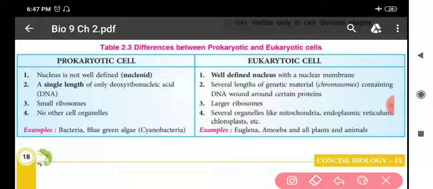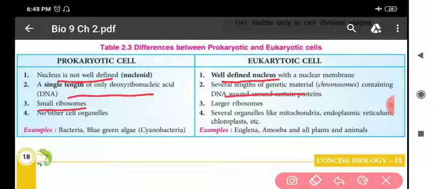First one, you see, nucleus is not well defined. In the prokaryotic cell, nucleus is not well defined, but in eukaryotic cell, a well defined nucleus is present. Then second point, a single length of DNA is present. Here several lengths of genetic material will be present. Then prokaryotic cell will contain small ribosomes.